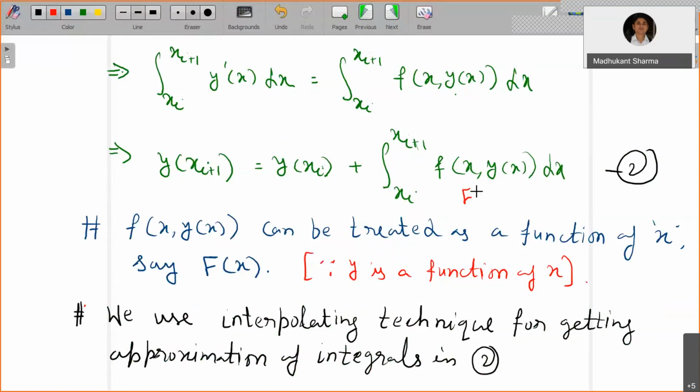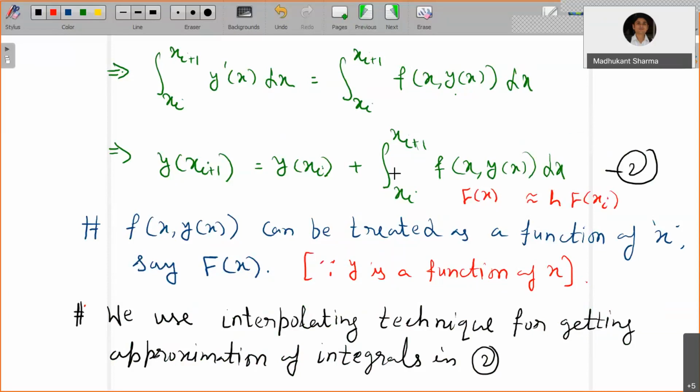If you replace it by this, f of x, this integral is approximated by h times f of xi. So at the left hand point, we match in the rectangle rule. You can choose either the left hand point or the right hand point. It doesn't matter, because in the limiting case it is going to converge to the integral value only.